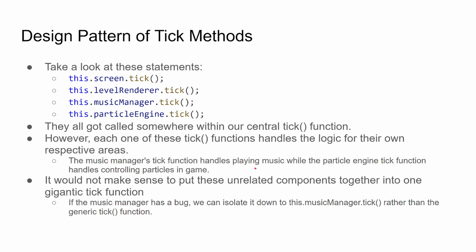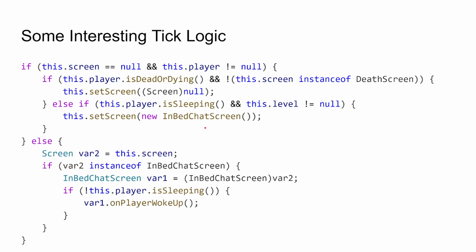And then we can fix that. But if we put them all in this gigantic tick function, then it could be anything. It could be in the particle engine section. And also, plus, it will just be a billion lines long if it's all in one function. And that file will be hard to read for humans.